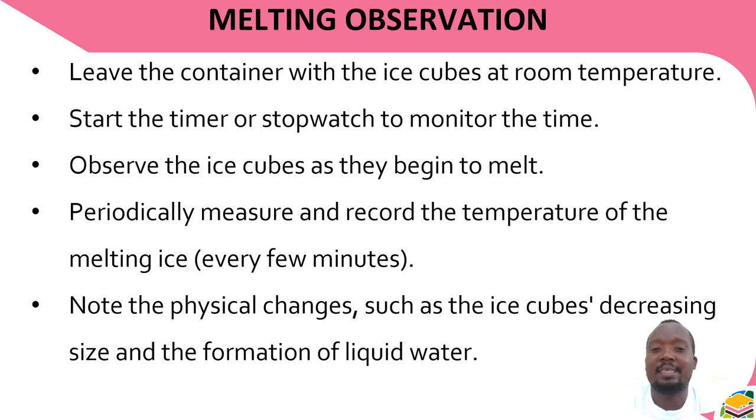So you start the timer or stopwatch to monitor the time. You observe the ice cubes as they begin to melt. Periodically measure and record the temperature of the melting ice, that is every few minutes. Then you note the physical changes such as the ice cubes decreasing in size and the formation of liquid water.